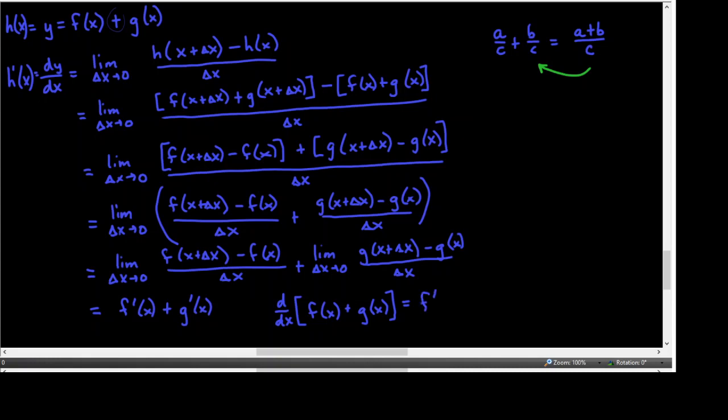So take the derivative of the first thing plus the derivative of the second thing. That's it. That's all you have to do. And by the way, we could do this proof if that had been minus. This would have been minus here, and this would have been minus here. So the derivative of a difference of two functions is the difference of their derivatives.